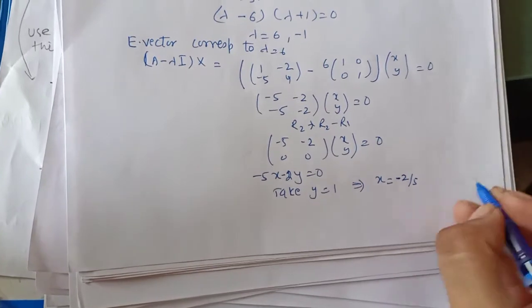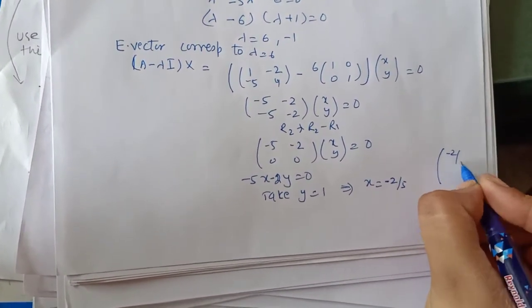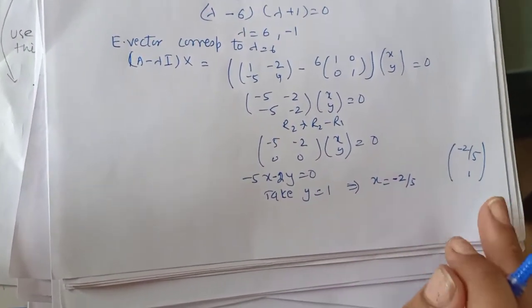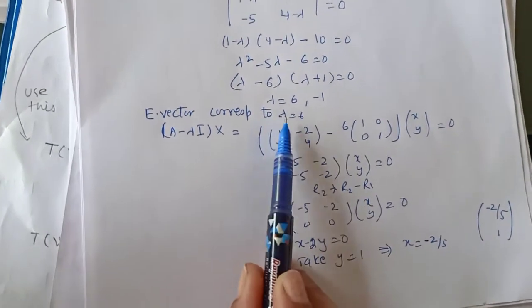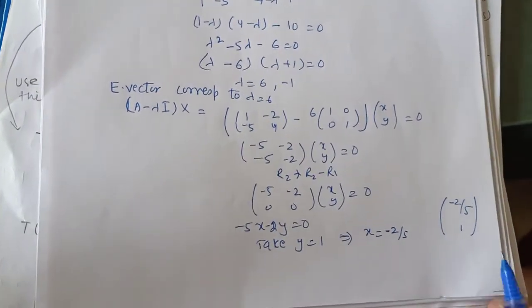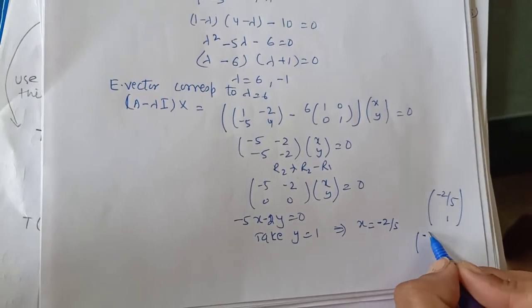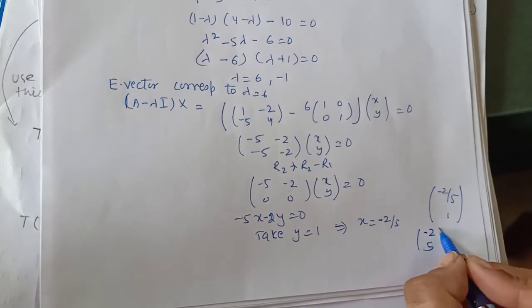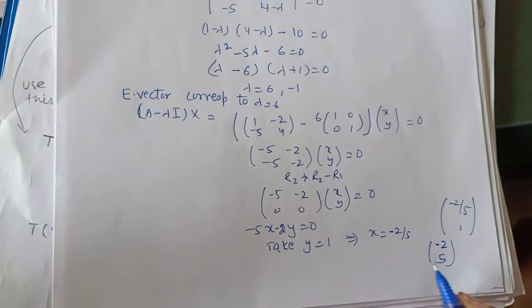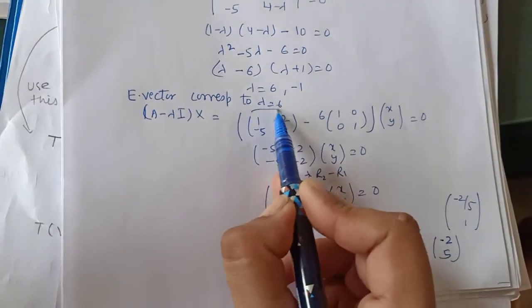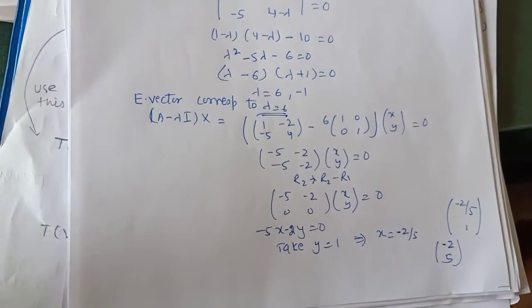So this vector has become (-2/5, 1). This is the eigenvector corresponding to the eigenvalue lambda = 6. Or, simply, I can write it as, if I multiply the complete vector by 5, (-2, 5), the eigenvector corresponding to the eigenvalue lambda = 6.